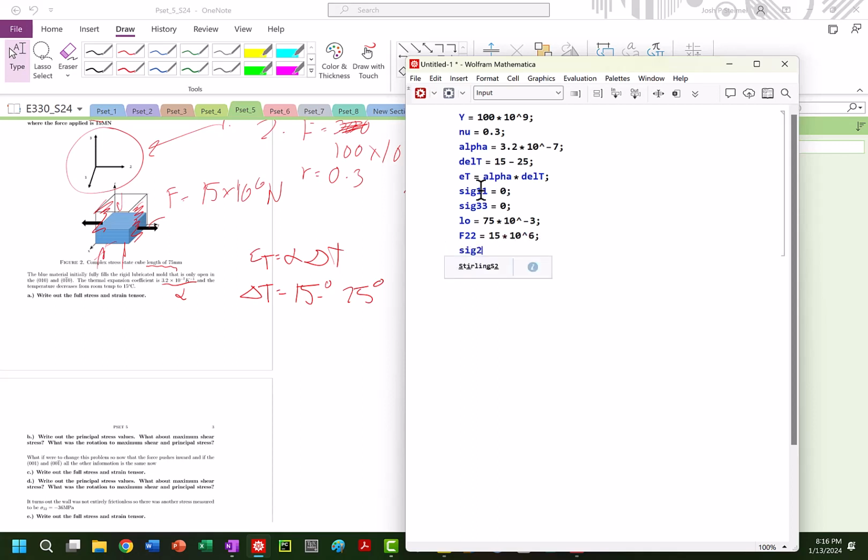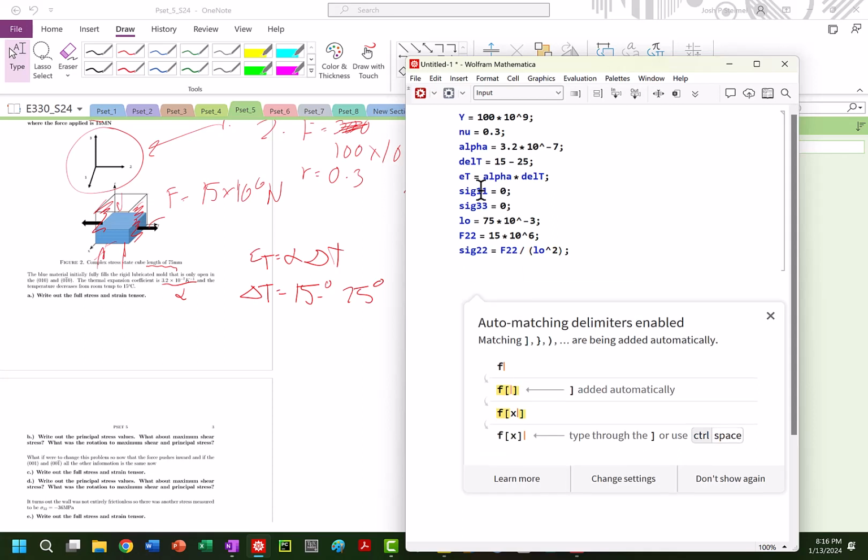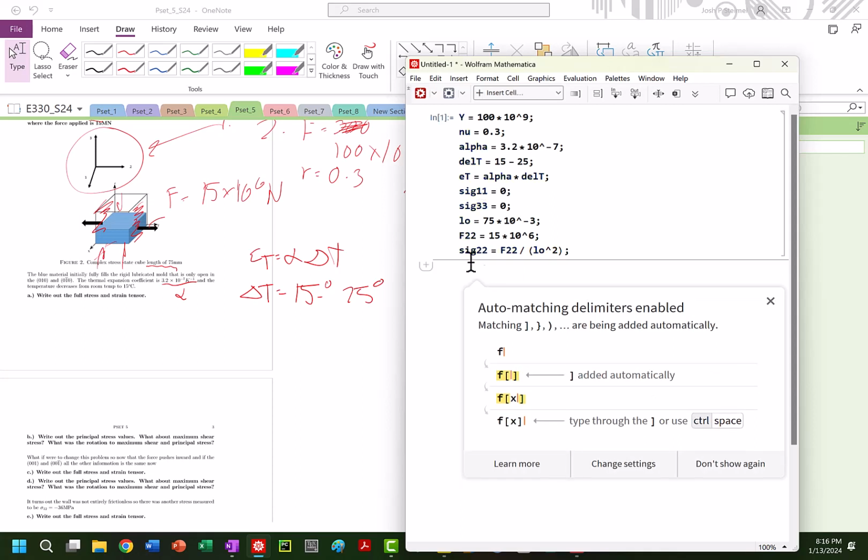So that means that our sig22 is just going to be equal to F22 divided by L naught squared. So newtons per meter squared, Pascal. So with all of that set up, we can start defining our equations.